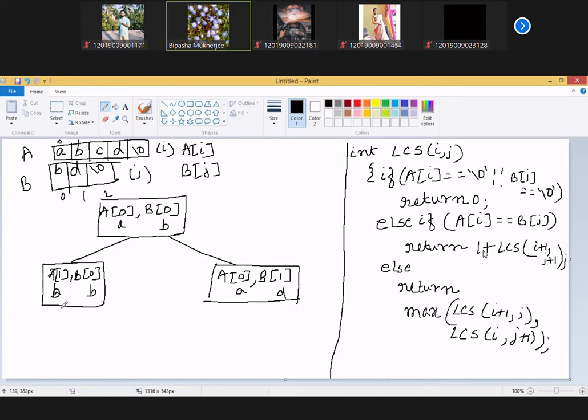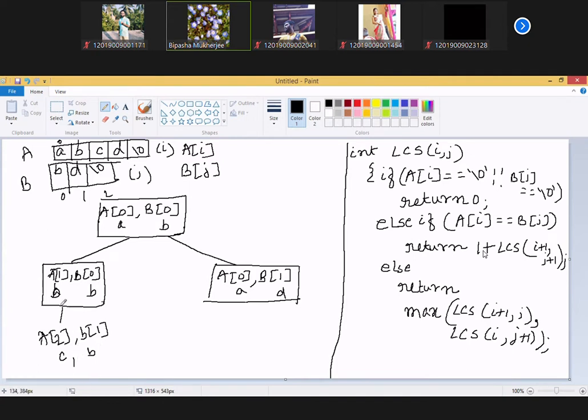What should I write here? Both i and j incremented by 1, that is A2 and B1. A2 and B1 means 1 plus this call. A2 means 0, 1, 2, so A2 is C, B1 is B.